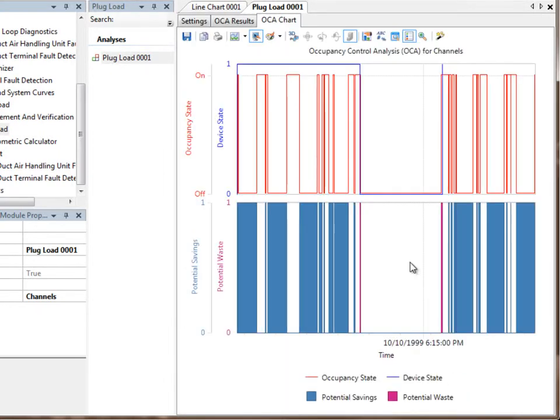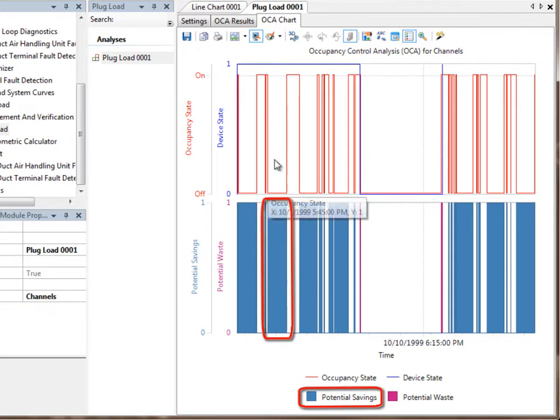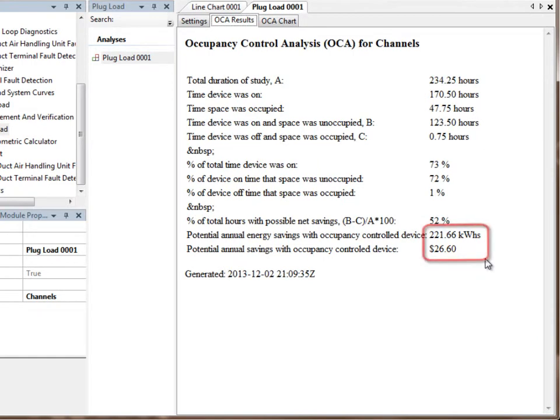Then I'll analyze this, and all the periods at night, not surprisingly, where I see no occupancy signal, so the red line here is off, show a potential 50 watt savings. Analyzed over the course of a year, this would come to something like $26 for this one terminal.